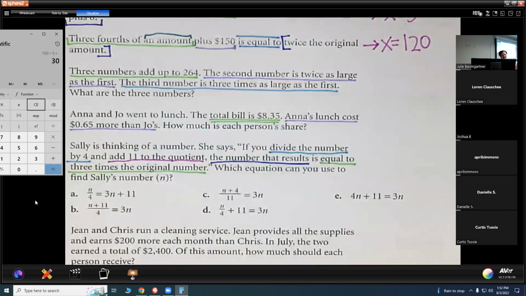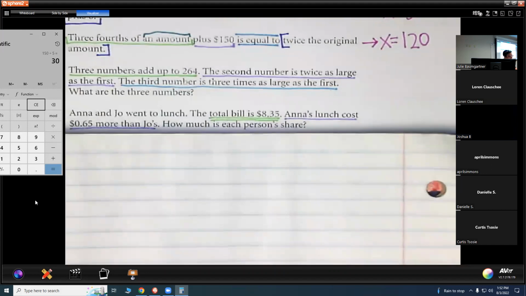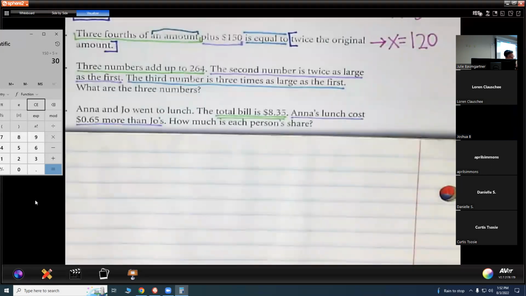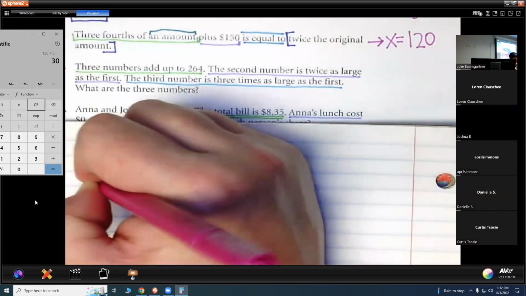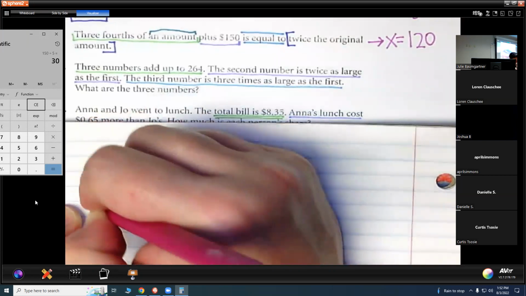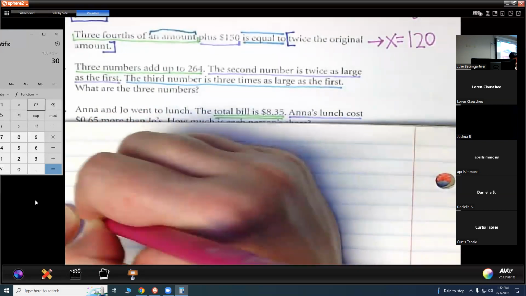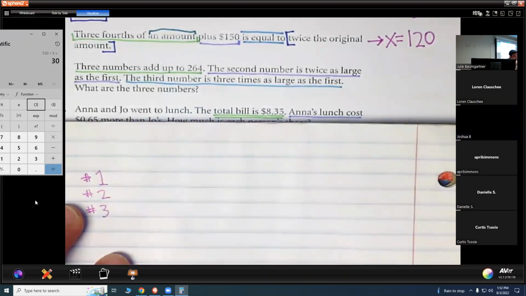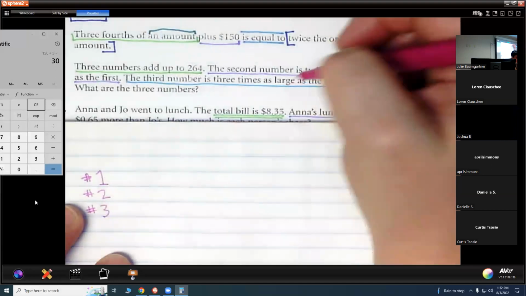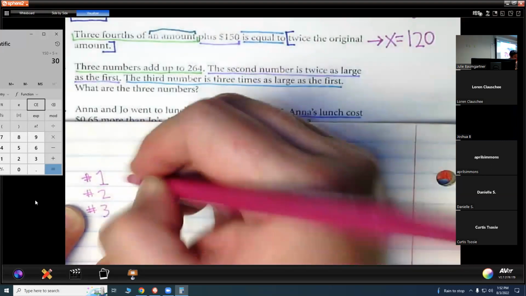Sorry, number 3 was kind of like the Alice, John, and Kim one, but now we just have numbers. So 3 numbers add up to 264. So we have number 1, number 2, and number 3. The second number is twice as large as the first.